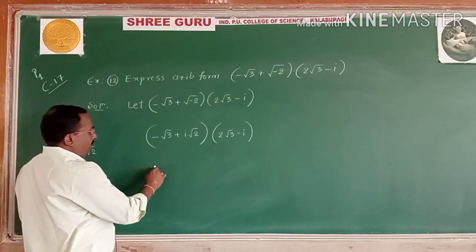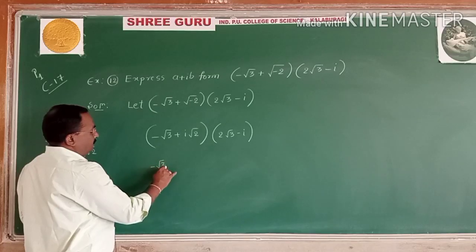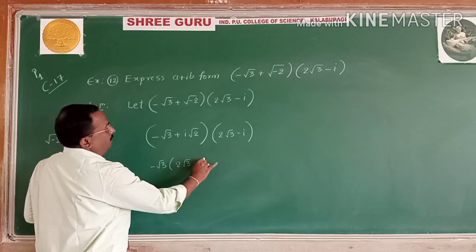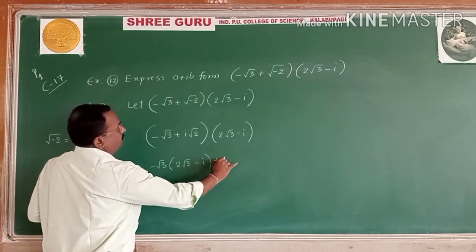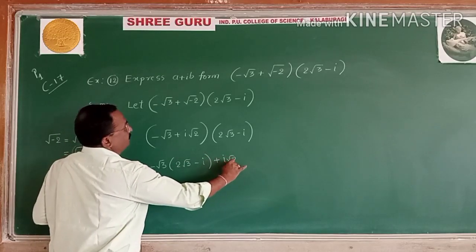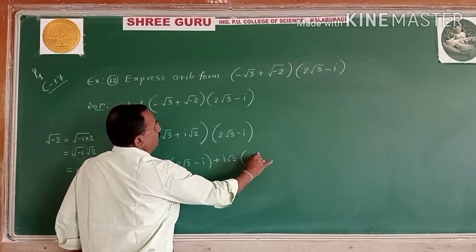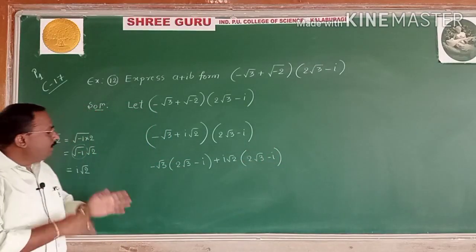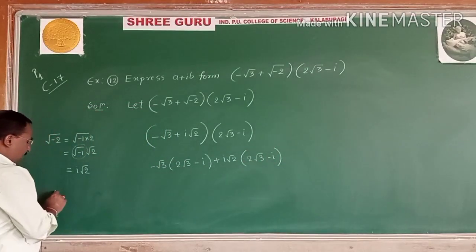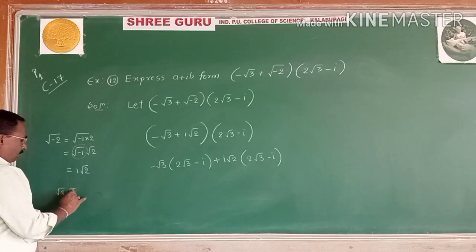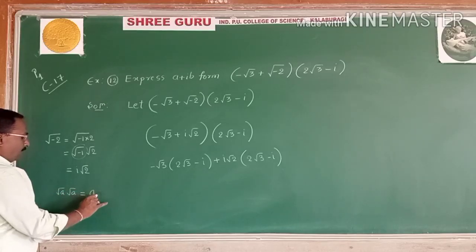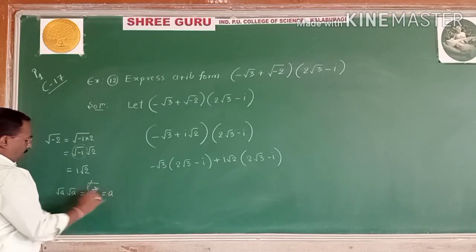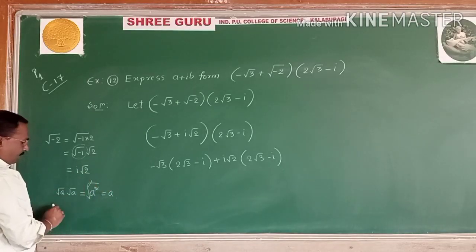Multiply minus root 3 times 2 root 3 minus i, plus i root 2 times 2 root 3 minus i. Simplify. Do you know that root a into root a is a, because square and root cancel?